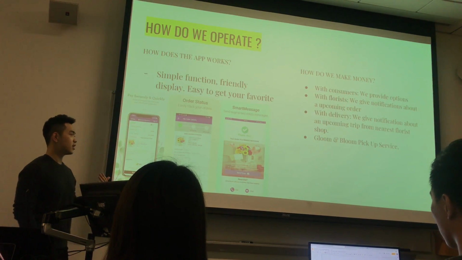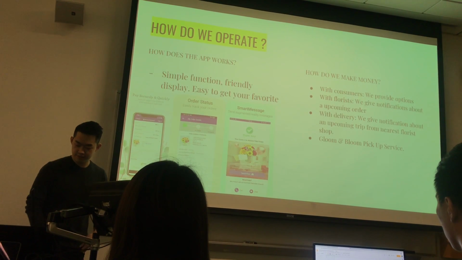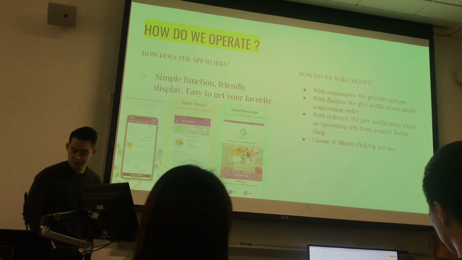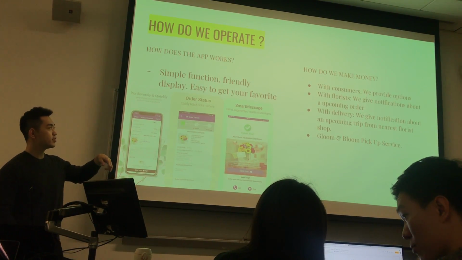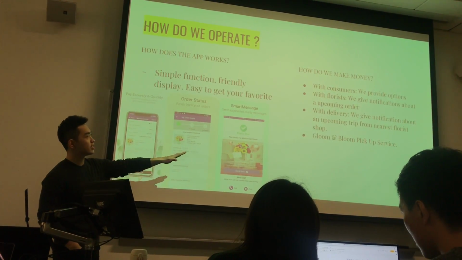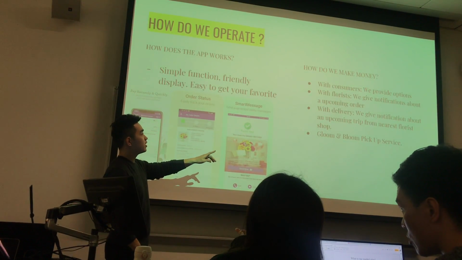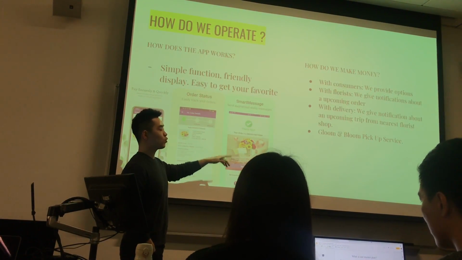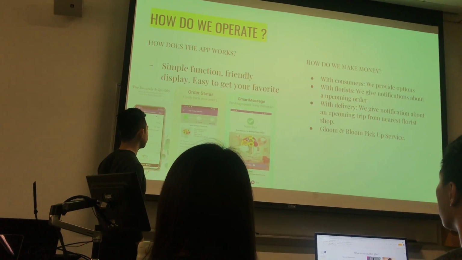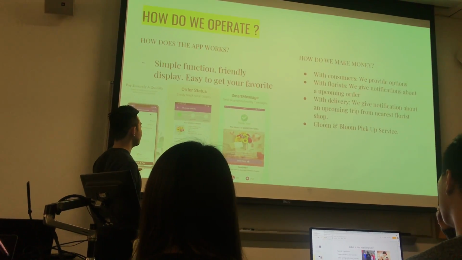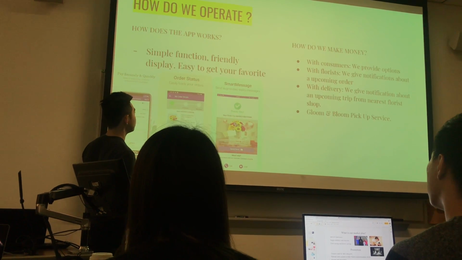So that was our best strategy. To make our service smoother, we need to work with four separate services. First is how we work with consumers. As I said, this is our smart and convenient display, friendly with users.